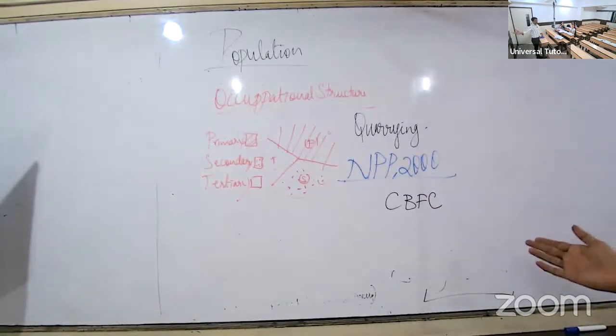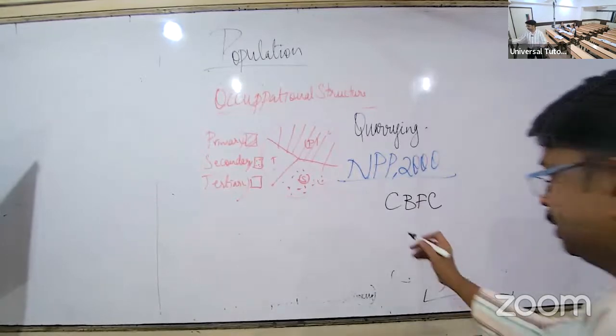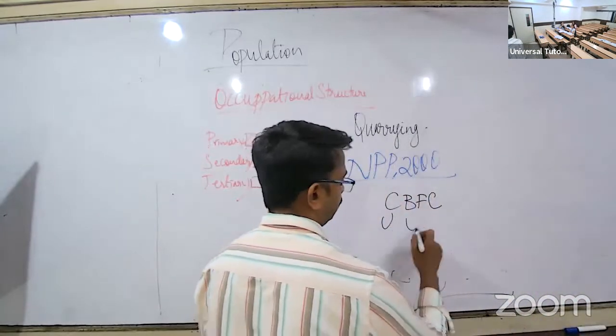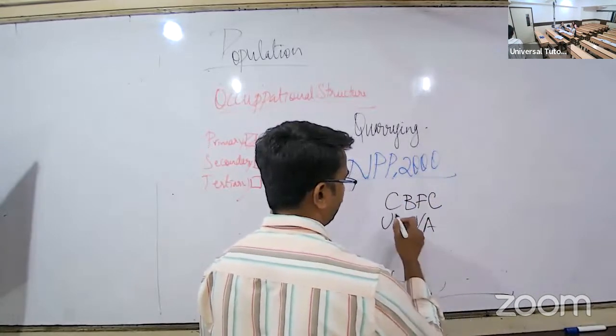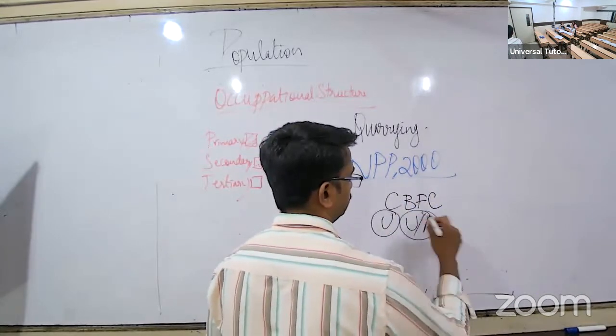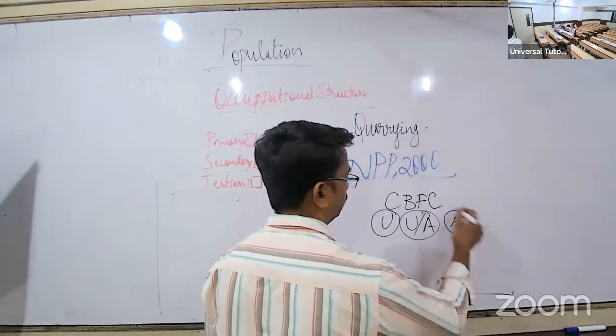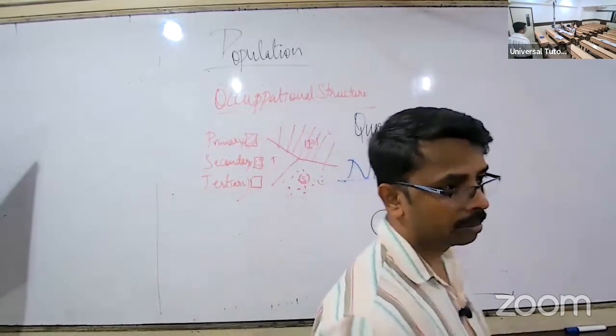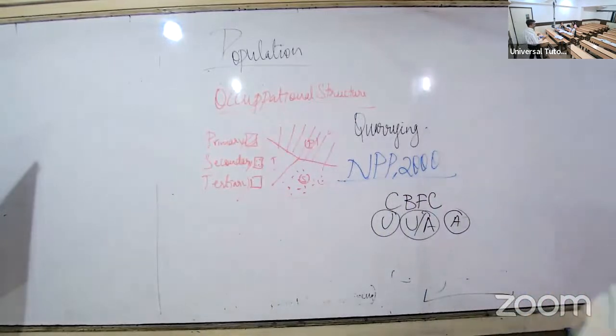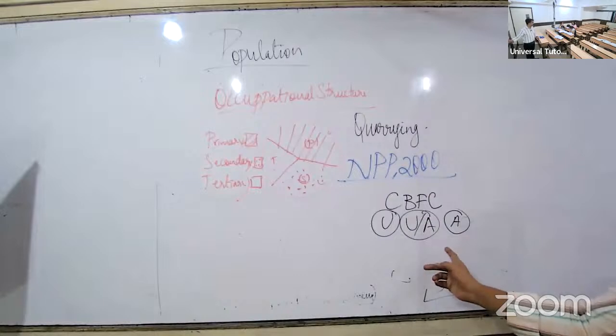If I say CBFC, Central Board of Film Certification, based on your age, U and A, ठीक है? And then, not only you, then it is A certificate. The languages, the themes, or something which you should not see, the horror type, gets this A.